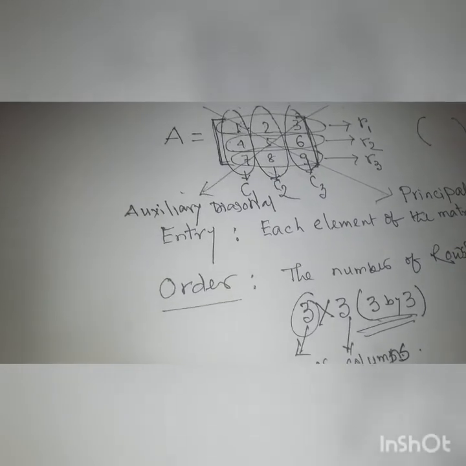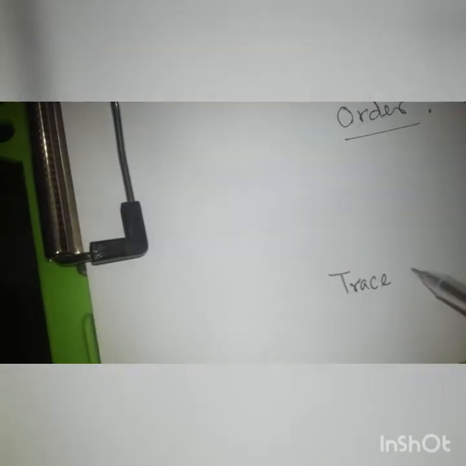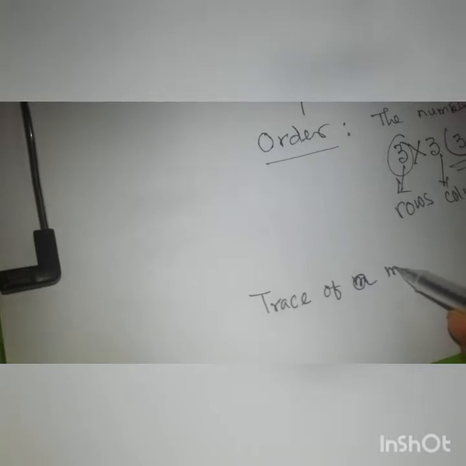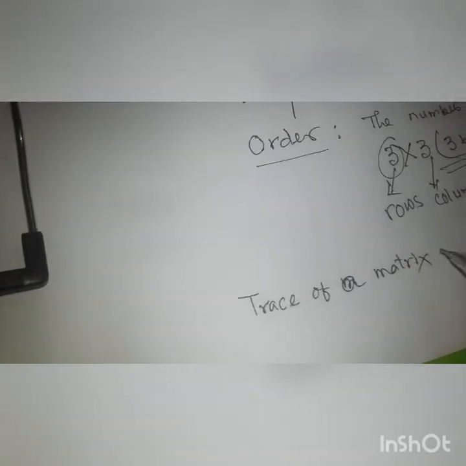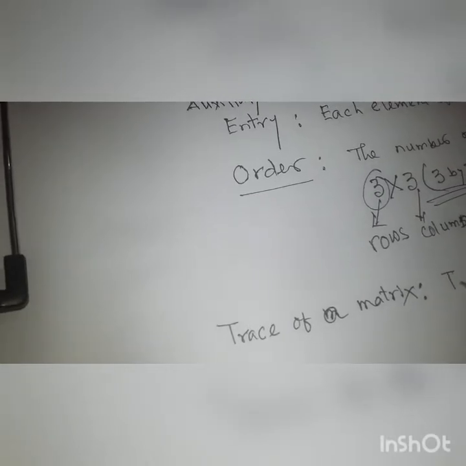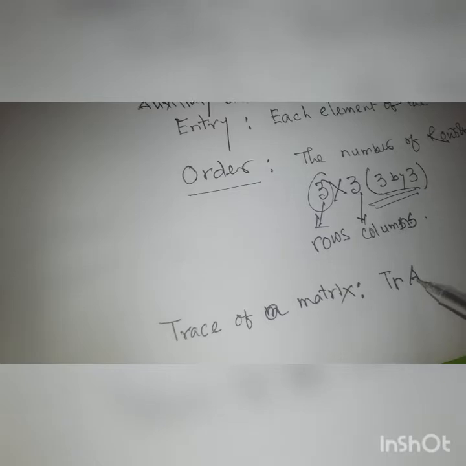Viewers, now I'm going to start another topic which is called the trace of a matrix. Trace of a matrix, which in short we can say trace of A when A is the matrix.